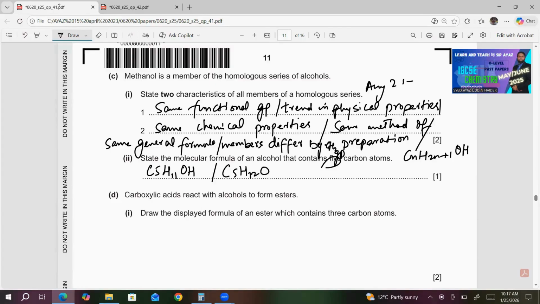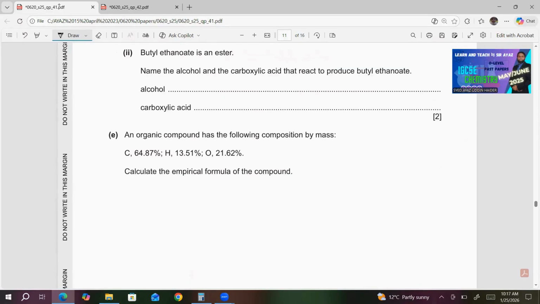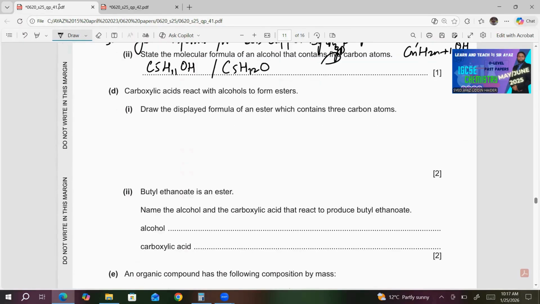The carboxylic acids react with alcohols to form esters. Draw the displayed formula of an ester which contains 3 carbon atoms. Now they are saying a total of 3 carbon atoms. So esters are also known as alkyl alkanoates.